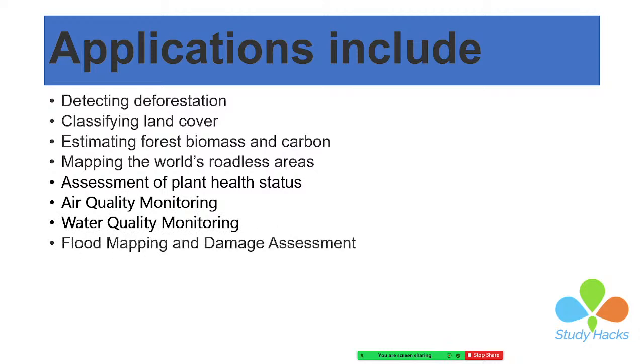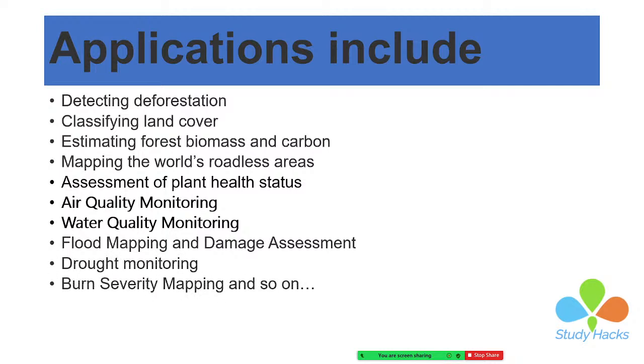We can also do flood mapping and damage assessment. We can also do drought monitoring, burn severity mapping, and so on. We can also do land surface temperature monitoring. All of the remote sensing applications we can easily handle with the Google Earth Engine platform very quickly and efficiently compared to other software, ArcMap or QGIS.